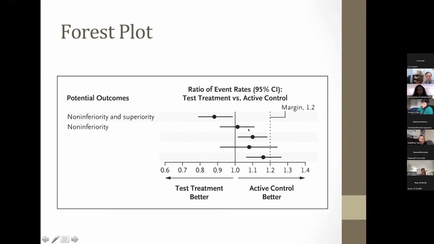From a non-inferiority aspect, this is not less than 1.2, so you're absolutely right. This is not going to be non-inferior. But from a superiority standpoint, the control is better than the treatment, right? So then this would be both not non-inferior and inferior. It's a little counterintuitive, but you always have to keep in mind what the reference point is.